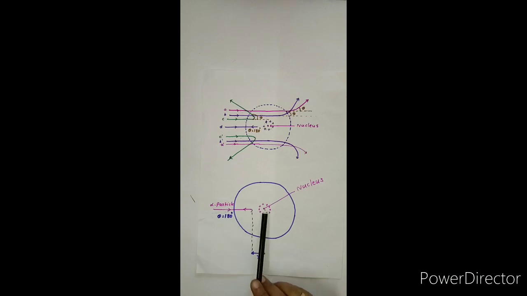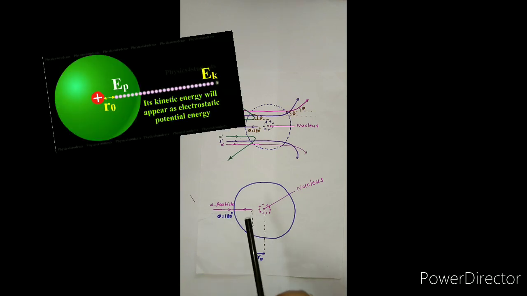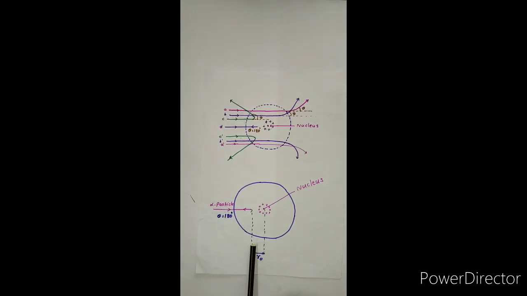So the distance from the center of the nucleus at which the alpha particle stops, with its kinetic energy converted into electrostatic potential energy, before it retraces its path, is known as the distance of closest approach, denoted by R0.